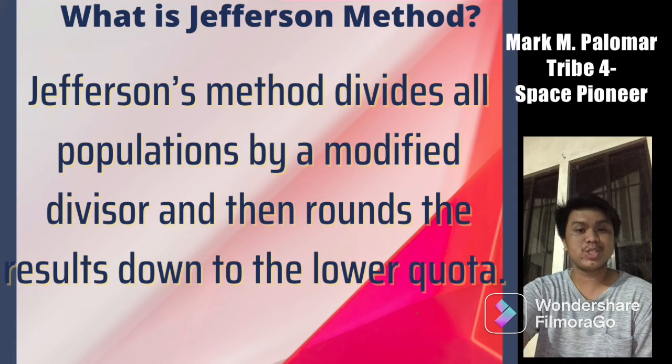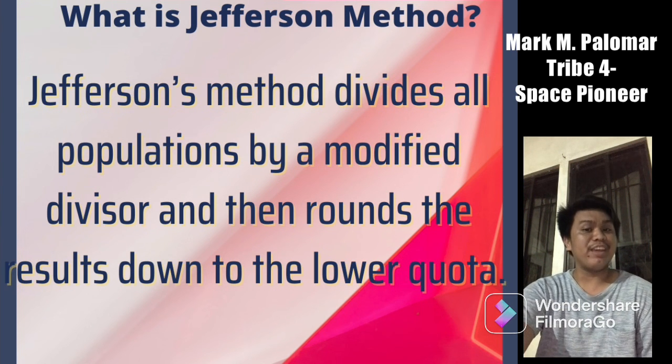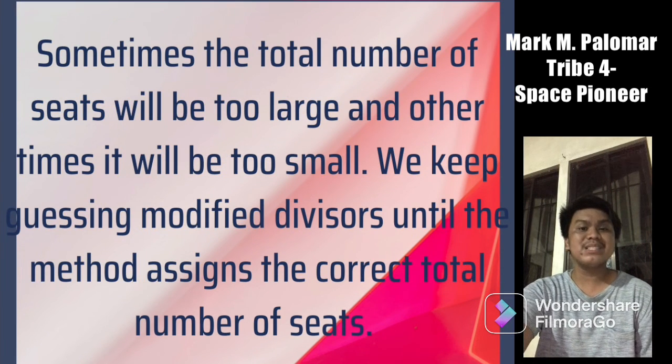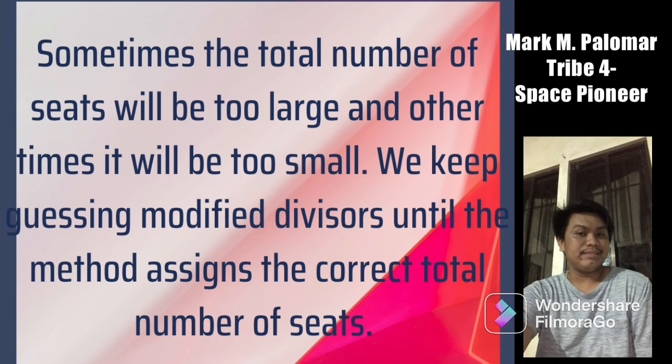What is Jefferson's method? Jefferson's method divides all populations by a modified divisor and then rounds the result down to the lower quota. Sometimes, the total number of seats will be too large, and other times, it will be too small.